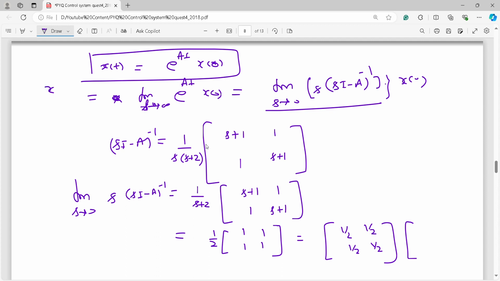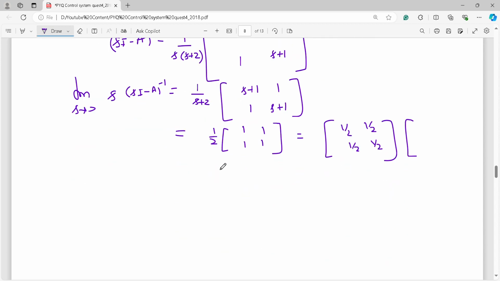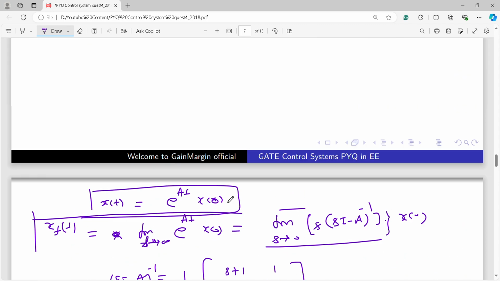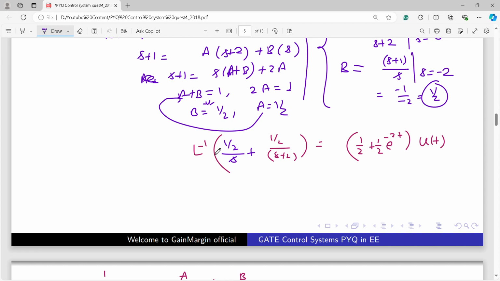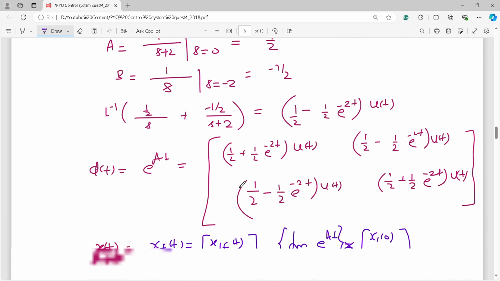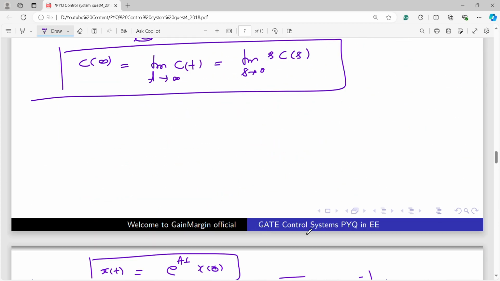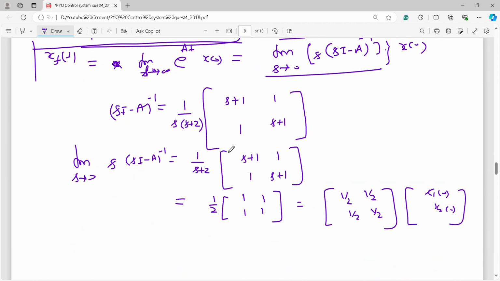So x1f, we can write xf(t), and again this will be x1(0), x2(0). So my point is that there is no need to do the Laplace inverse with partial fractions and all. Straight away we can apply the final value theorem. The other thing is the same, 1 by 2. Okay, so like that, but we need to ensure we know how to apply the final value theorem.